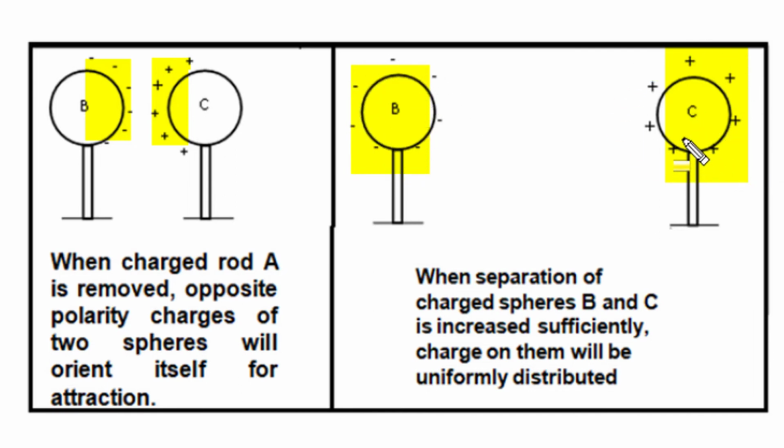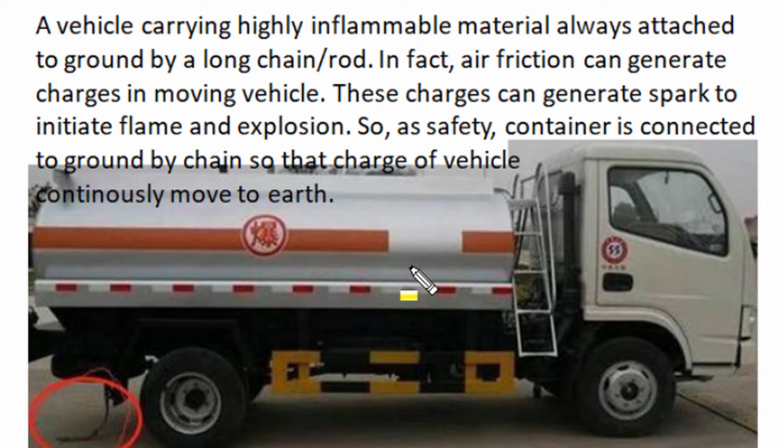Air friction or rubbing action on a metallic conductor can transfer electrons and produce static charge on the metallic conductor. Vehicles carrying highly inflammable material always have an attached metal piece, rod or chain which connects the metallic body of the vehicle to the ground.